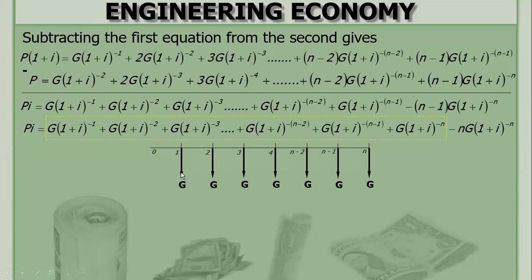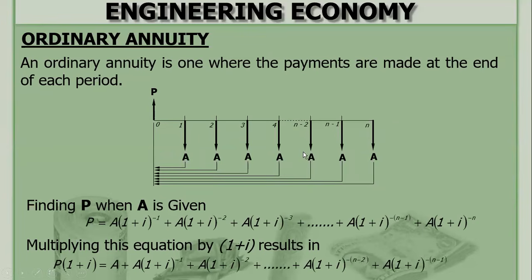Like G times 1 plus I raised to negative 1, G times 1 plus I raised to negative 2, and so on, up to n. G times 1 plus I raised to negative n. Ordinary annuity. Okay? Recall this from ordinary annuity. This is the cash flow diagram for ordinary annuity.